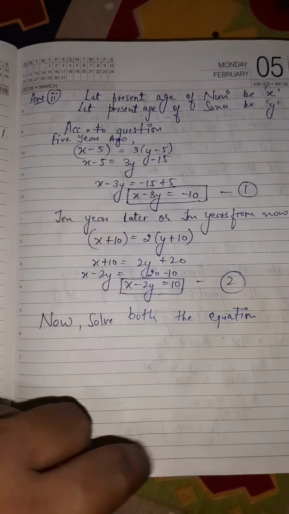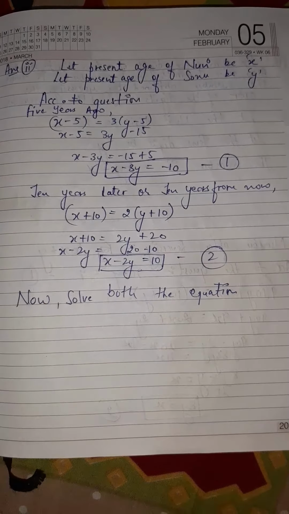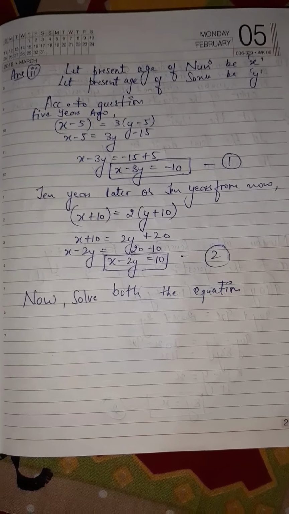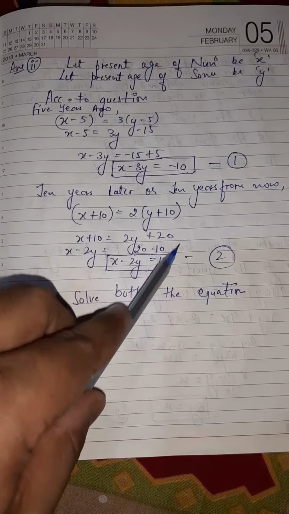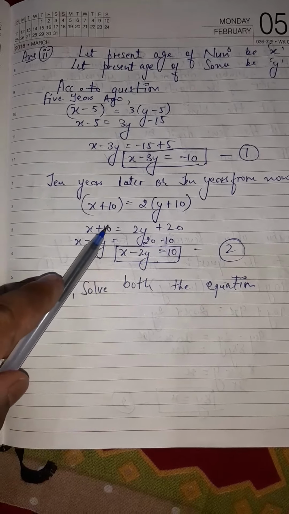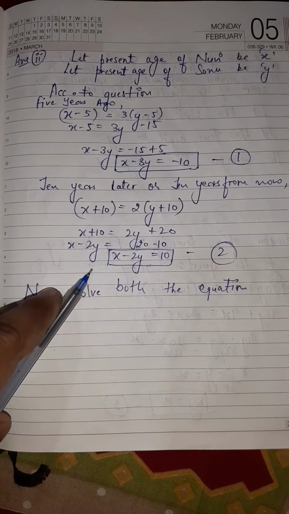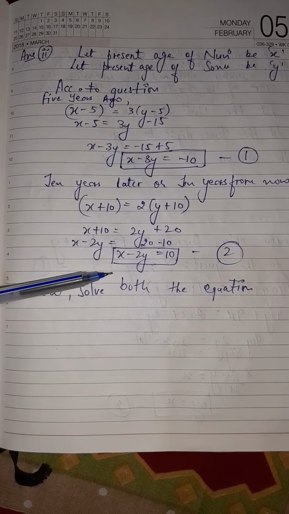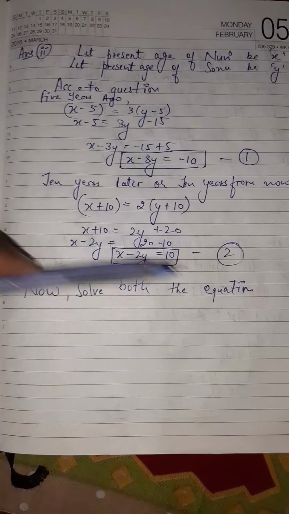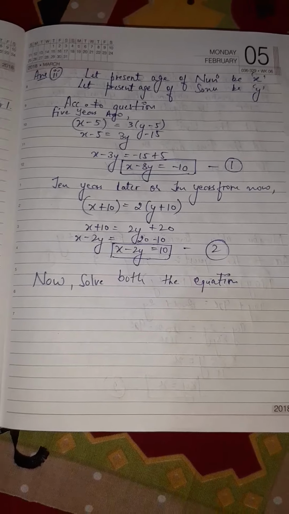First equation is there. 10 years later, add 10 to both sides. 2y, 2 10s are 20. Bring this 10 here, 2y to this side. You've got two equations. Now solve both equations by elimination method. Here x are there. Just change the sign, cancel them, and find the value of x and y.